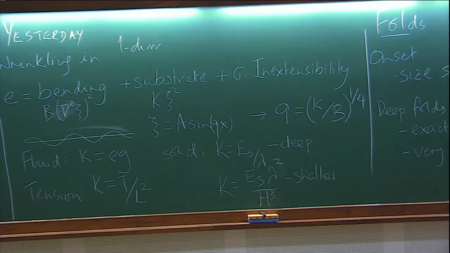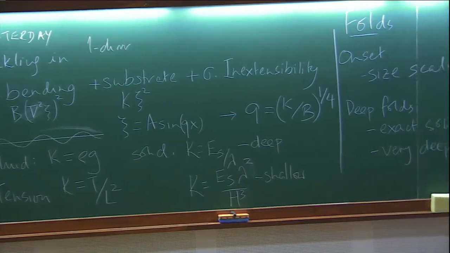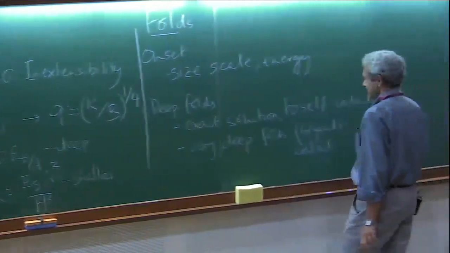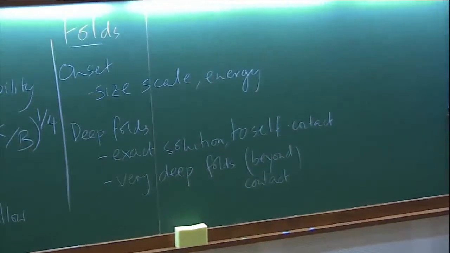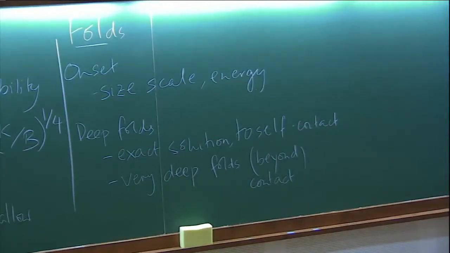Then we talked a little bit about deep folds. So deep folds is an exact solution. The exact solution goes all the way from onset to self-contact. Okay. And then there's really deep folds, where you go well beyond self-contact. And there I gave you these scaling arguments from a different paper.